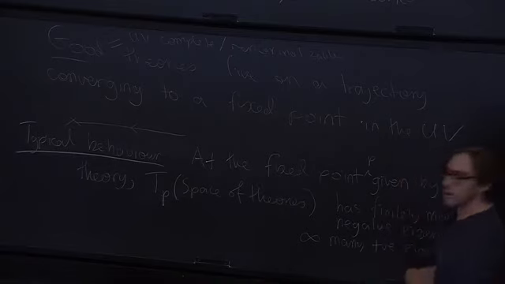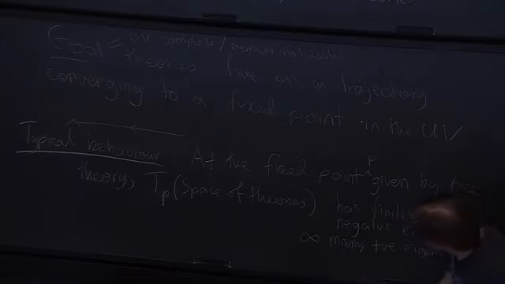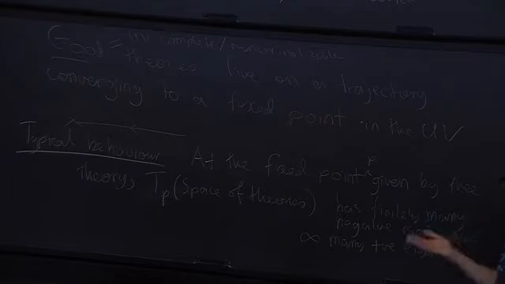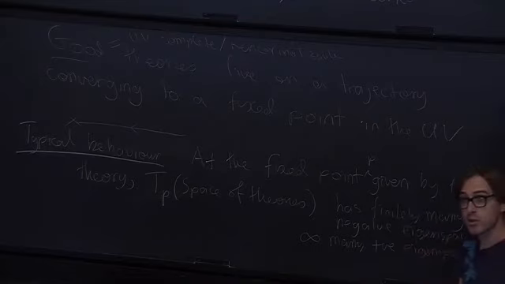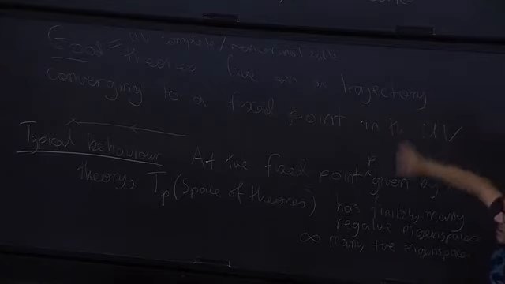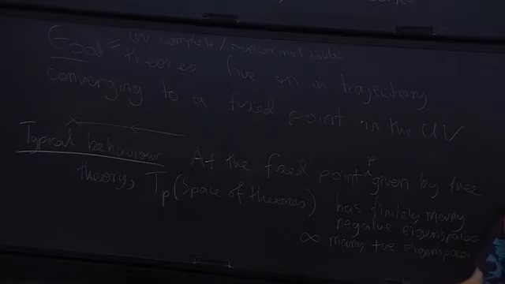I had a number of questions about how we can define theories like the phi to the sixth theory in O4, or something, which is not traditionally normalizable. And what we're seeing is that the answer is not that that theory does not exist.